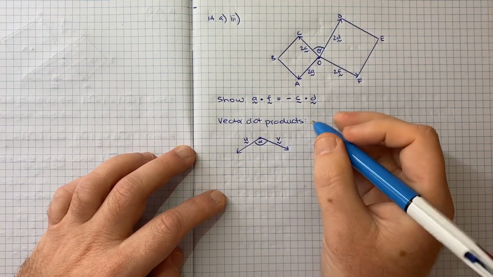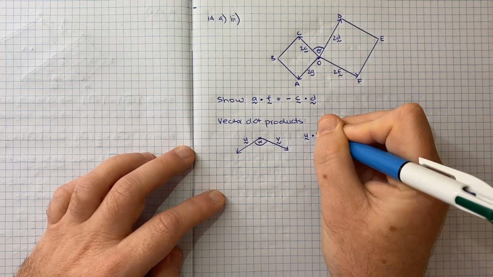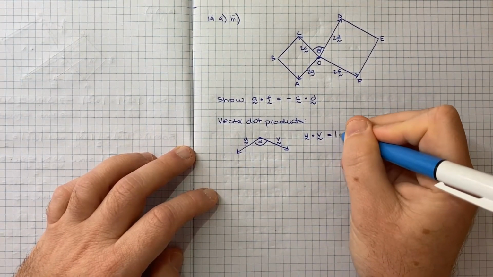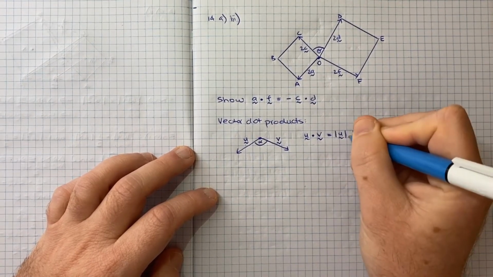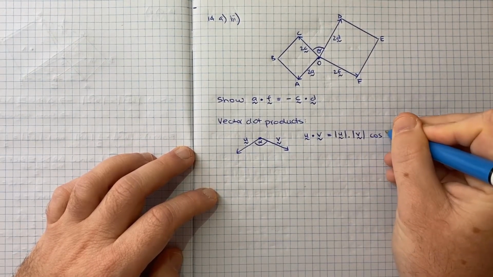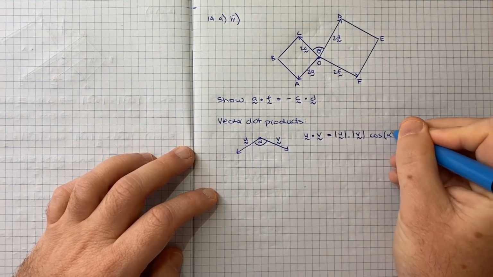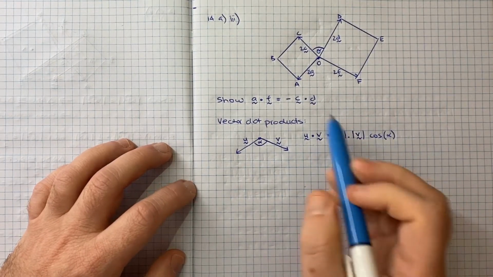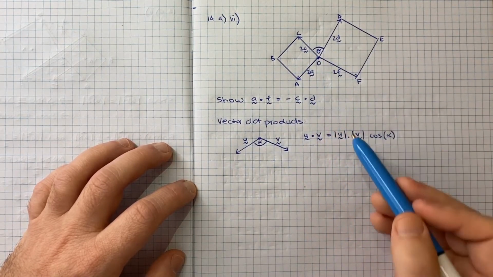The dot product says that u dot v can be written as the magnitude of u times the magnitude of v, that's just normal multiplication there, times the cos of the angle between them. In our case, the angle between them is alpha. That's the rule we're going to make use of to draw this conclusion about the dot products between the various vectors we're dealing with.